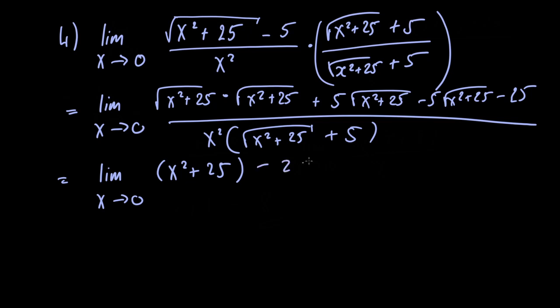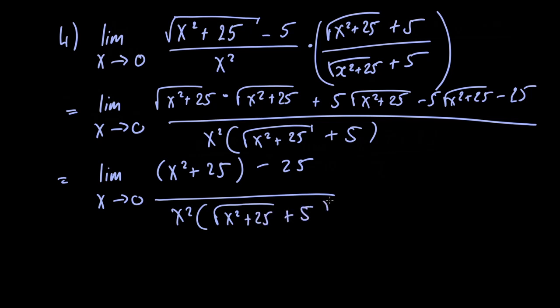So we're just left with minus 25 divided by x squared times the square root of x squared plus 25 plus 5. So we have a positive 25 here and a negative 25 here. That just equals 0.